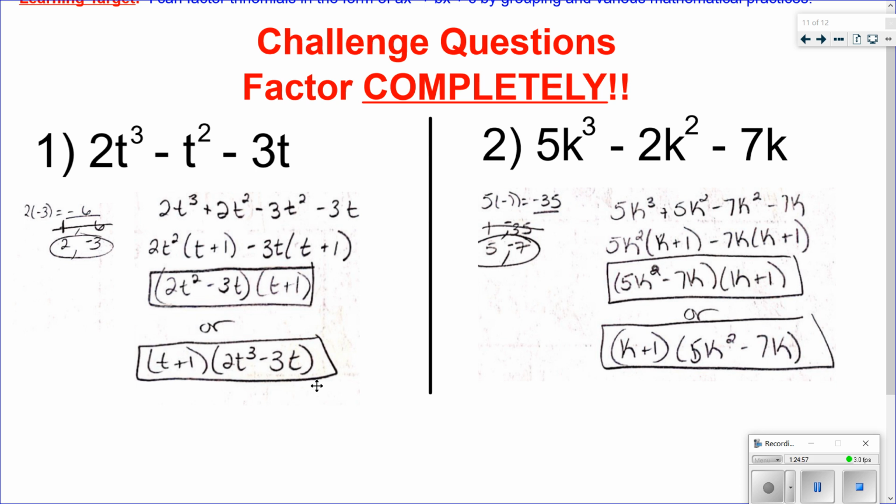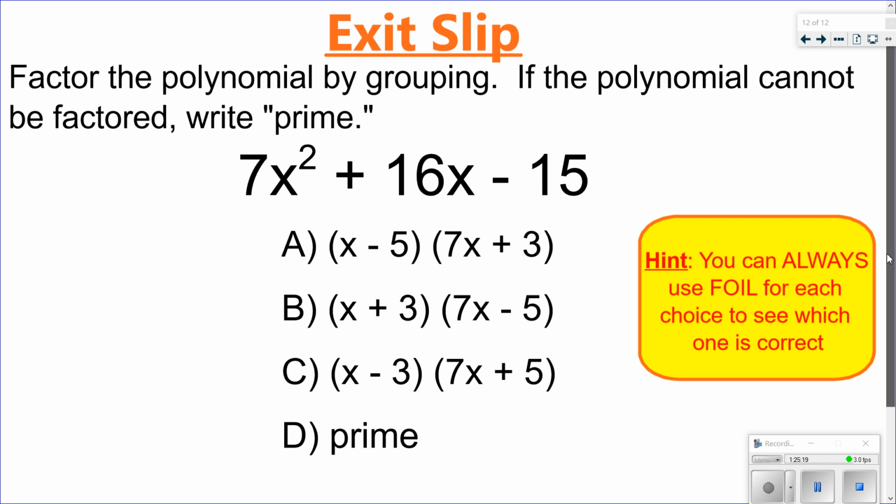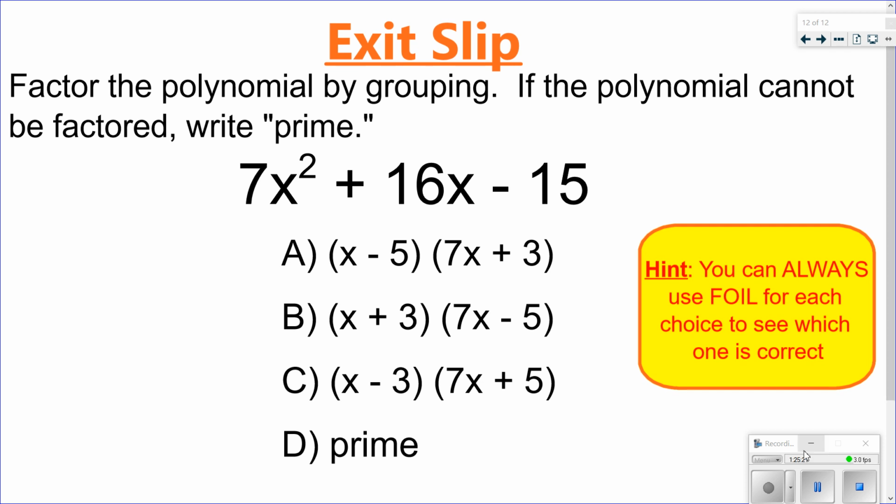Okay, and number two, you see your answer there, 5 times negative 7. Again, these are factor completely questions, so that means just factor completely, and that's it. Challenge questions, only if you need a challenge there. All right, please do the exit slip and see if you can get your answer. Press pause now.